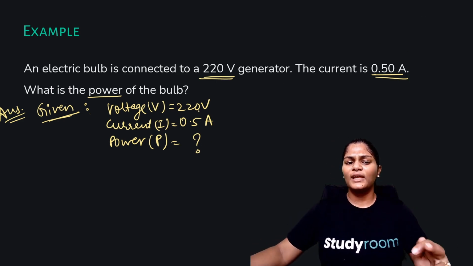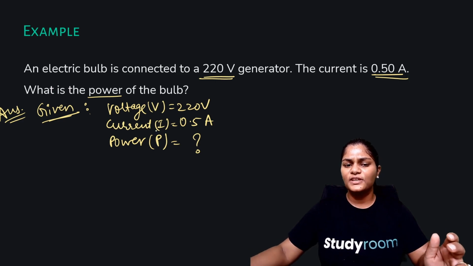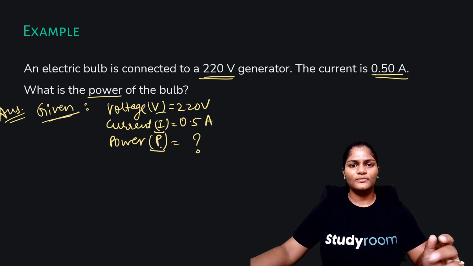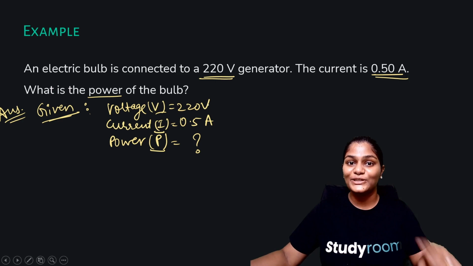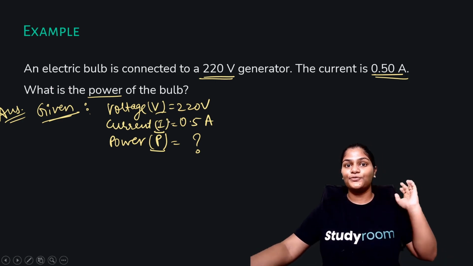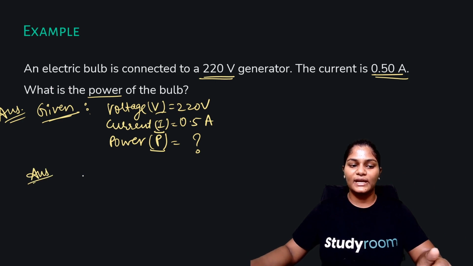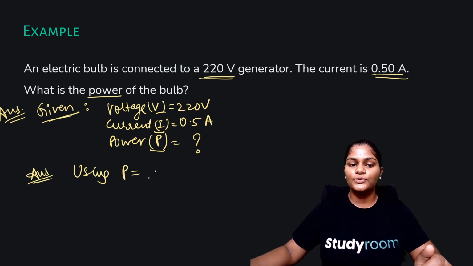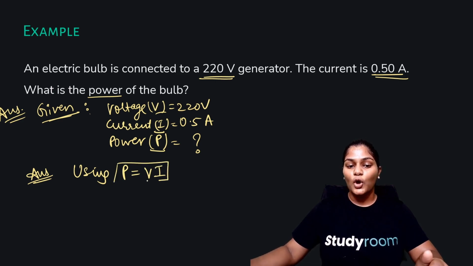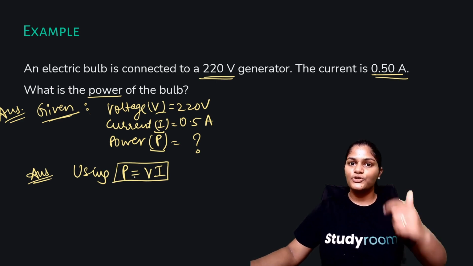So can you think of any formula that has V, I and P? I can think of a formula, but can you? Just think about it. You've used this formula a few times now. So in the answer we write using P equal to VI. Okay, now you have to start recalling and remembering these formulas because you've already derived it.